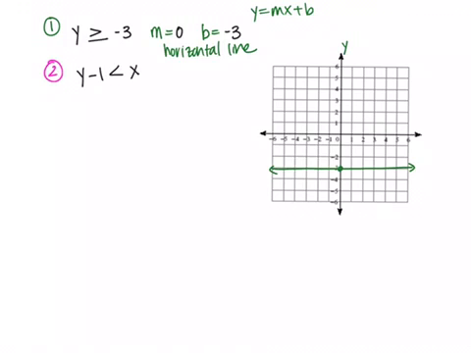So looking at this here, I've drawn my line, but the next step is the shading, right? Looking at the inequality here, y is greater than or equal to -3. So if y is greater, that means you need to shade above this line, right? Because numbers that are greater than -3 are like 1, 2, and 3, and those show up in this region, right?